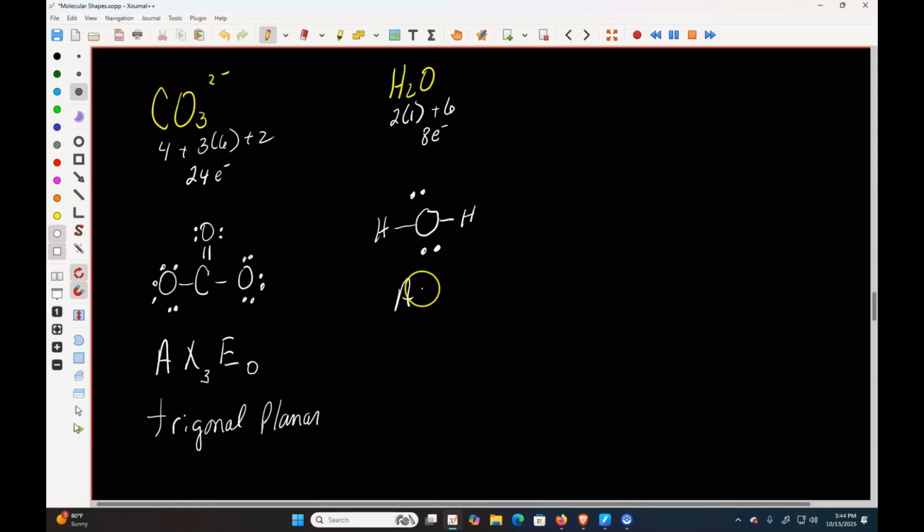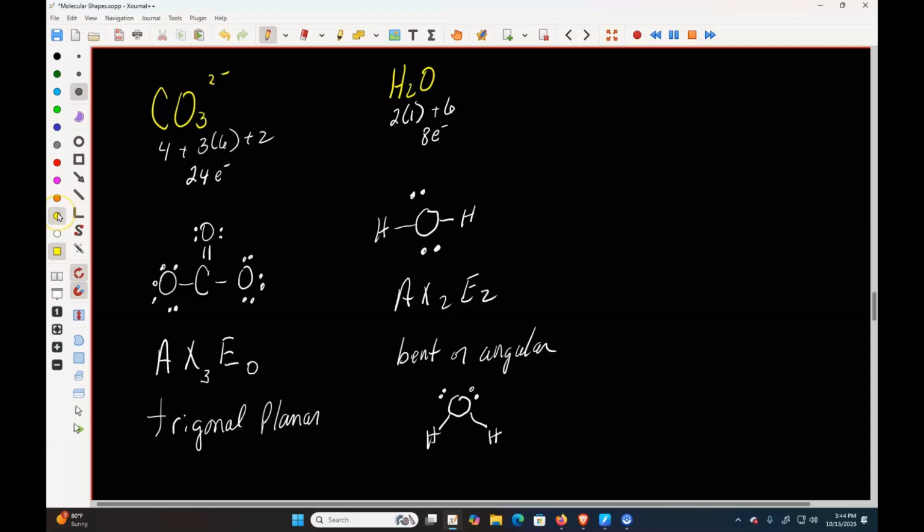Okay, so it's going to be an AX2E2. So AX2E2 should be a bent or angular. To draw it more correctly, you want to place those electron pairs as far away as they can go and still remain symmetrical in the molecule.